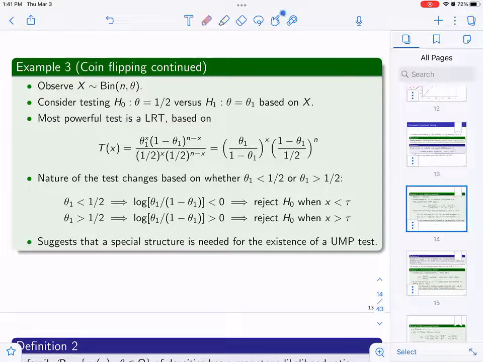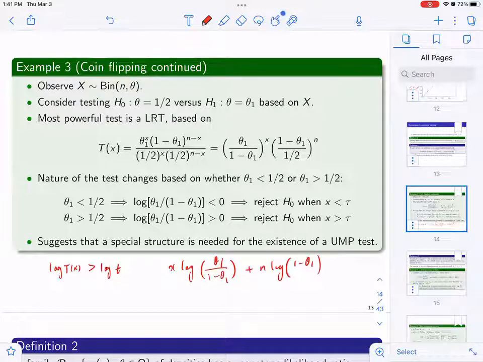If I take the log, it would be log T of x bigger than, let's say, log t. This gives me x log(theta 1 over 1 minus theta 1) plus n log((1 minus theta 1) divided by 1/2) bigger than log t.